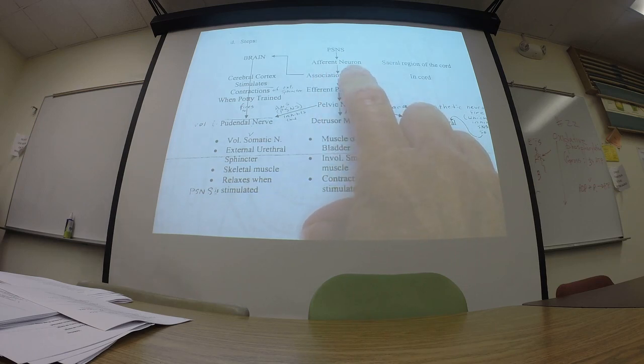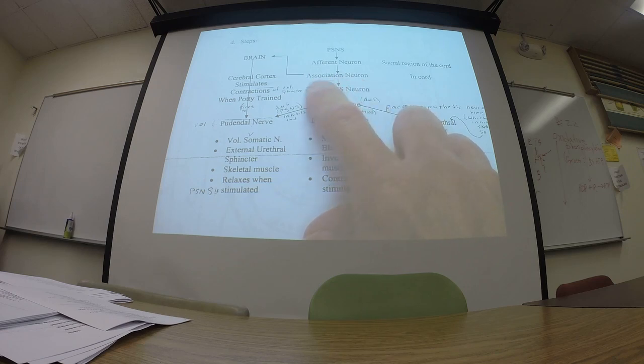There's a connecting neuron in that area. In Anatomy 1, it was called an association neuron, or an internuncial neuron. Two names for the same thing. The point is, that's in the vertebral column, and it hooks you up with the exiting parasympathetic neuron. That's an efferent neuron. So this is just a chain reaction. Once it starts, you can't stop it.